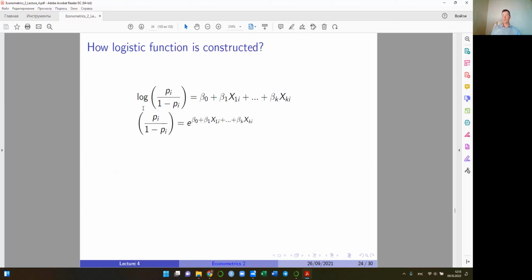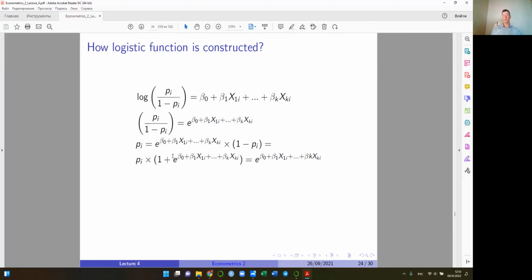First of all, we unlog this variable, which means that we take the exponent of the left-hand side and right-hand side. On the right-hand side, we get the following thing. Now we multiply left and right-hand side by 1 minus p. It's here. And the next step, we open these brackets and move the term with p to the left, which is here.